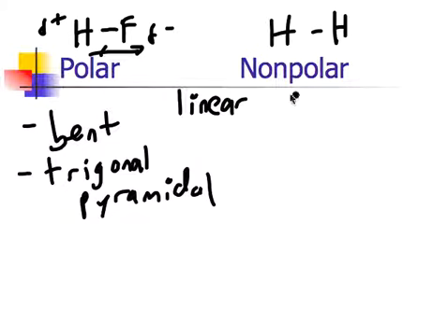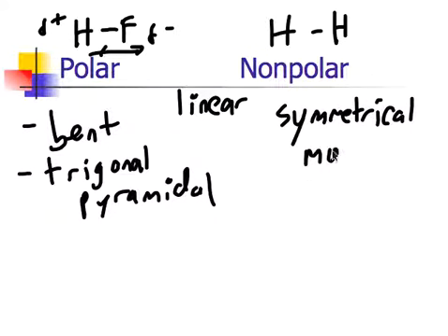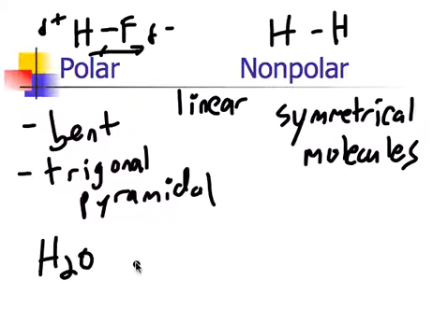And then the nonpolar are really the rest, so the very symmetrical molecules, and I'm not going to write them all out right now. But the examples would be trigonal planar, tetrahedral, octahedral, trigonal bipyramidal. All of those would be included in nonpolar molecules. So some examples: water is polar because it's bent.